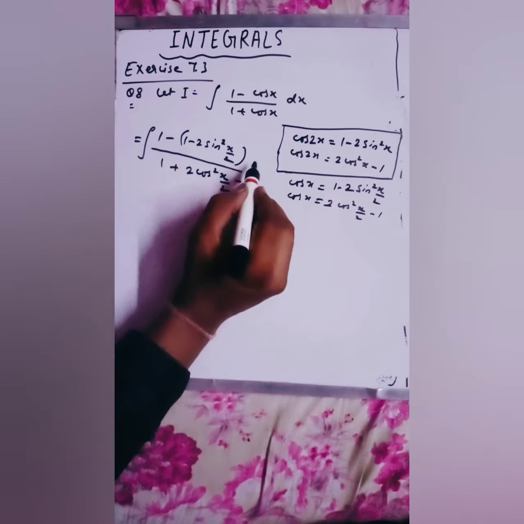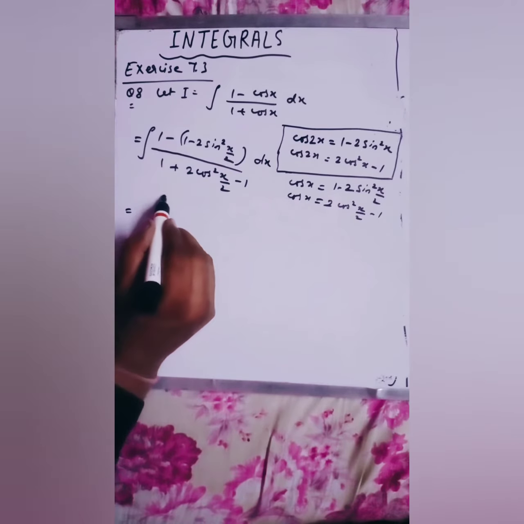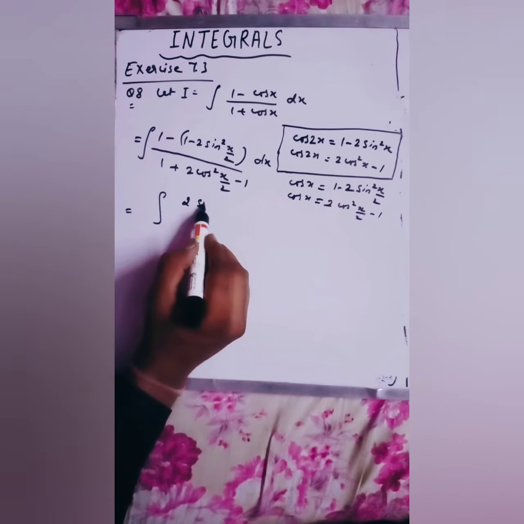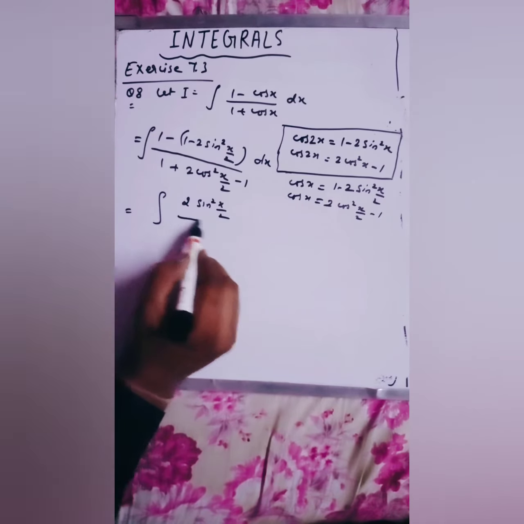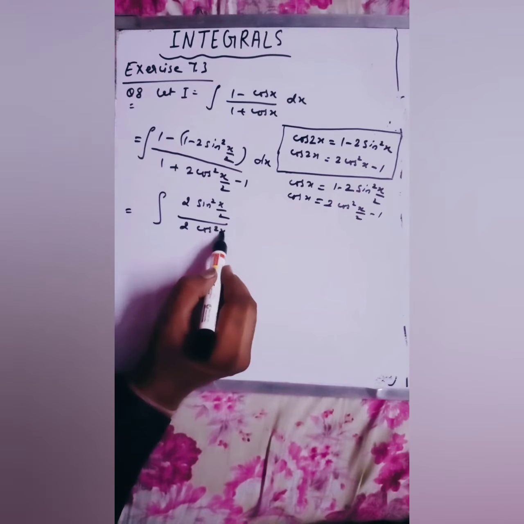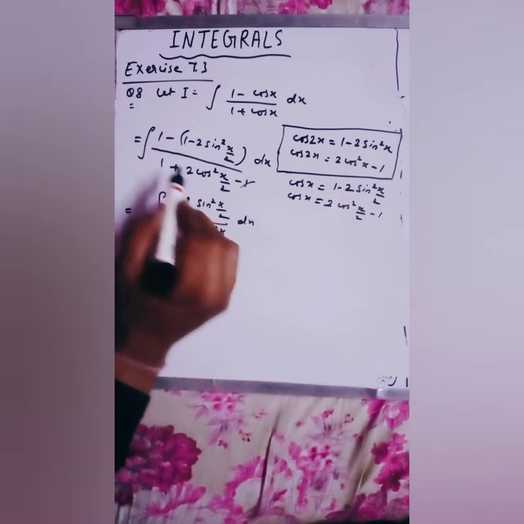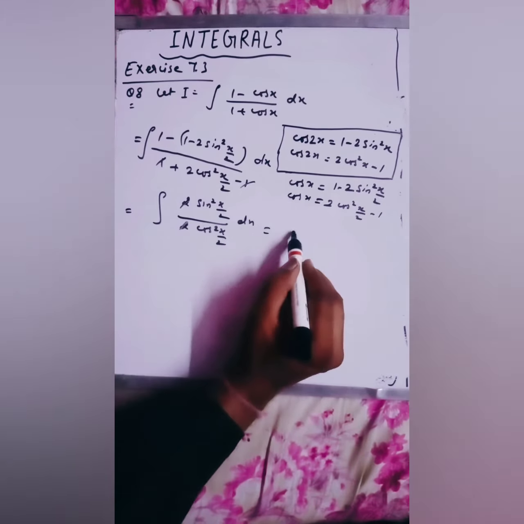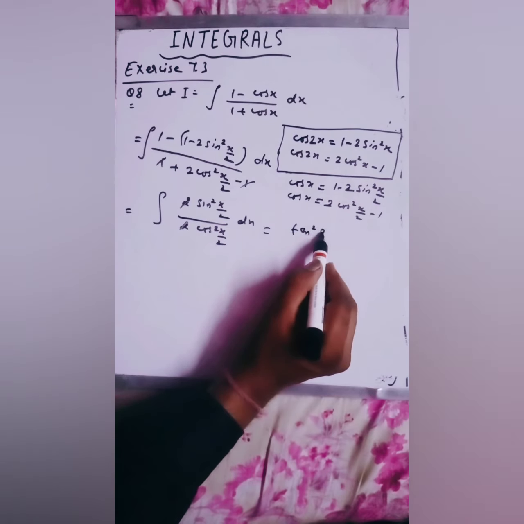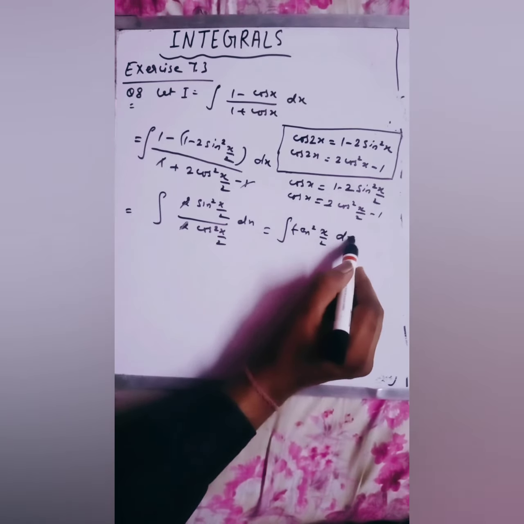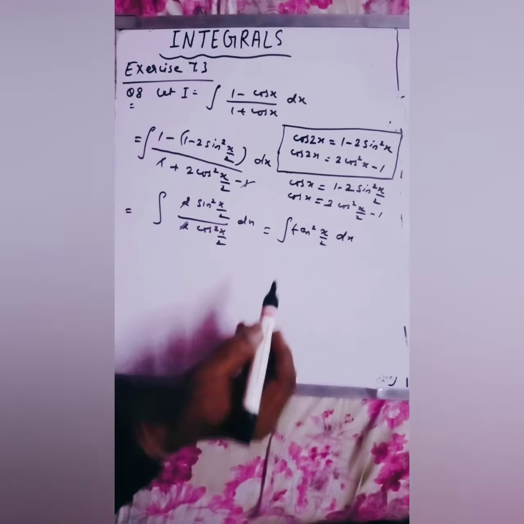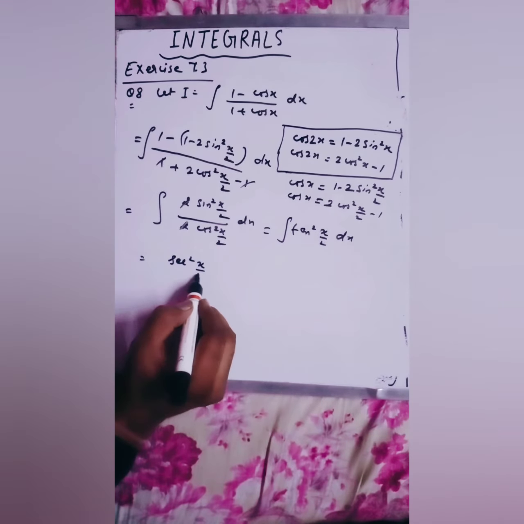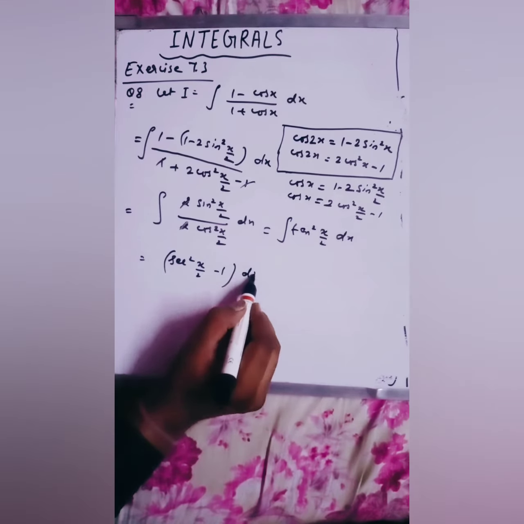When you open the bracket, inside the integration this 1 and 1 will cancel out and you will get 2 sin square x by 2 over 2 cos square x by 2 into dx, because this 1 and 1 will also cancel. So 2 and 2 you can cancel. Sin square upon cos square would be tan square x by 2. I'm breaking this tan square into sec square x by 2 minus 1 into dx.